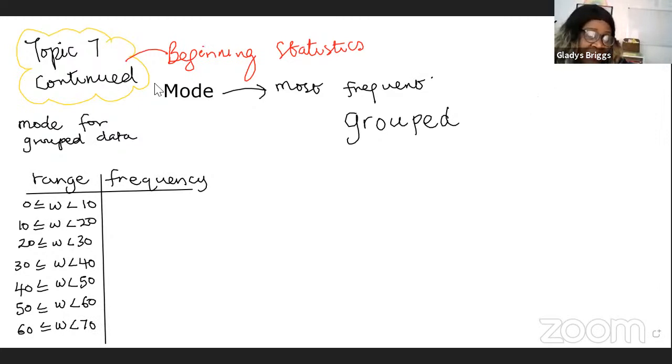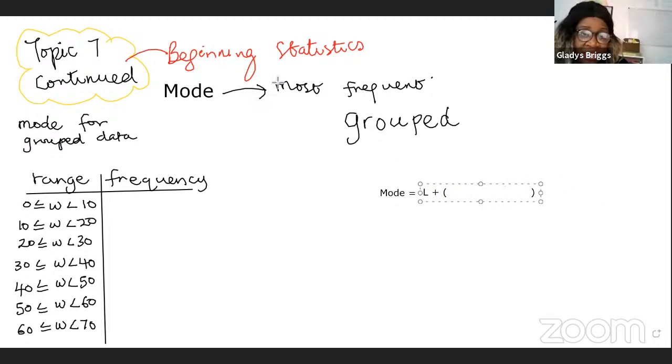Now, the formula that we use to calculate the mode for grouped data is: Mode is equal to L plus, open your brackets, close the brackets.